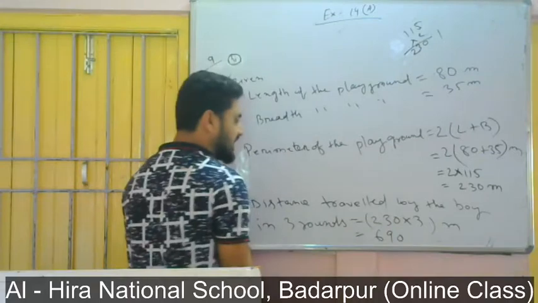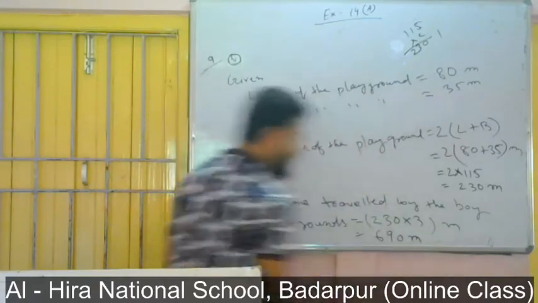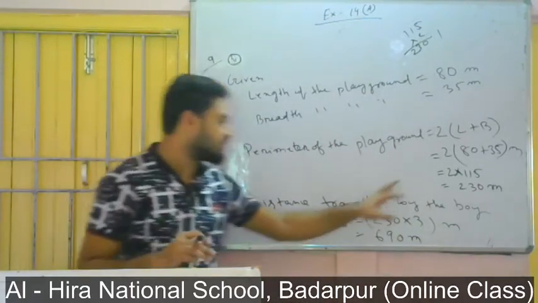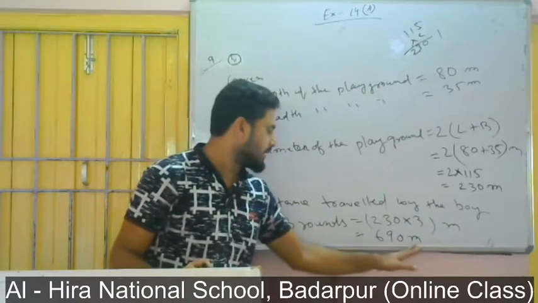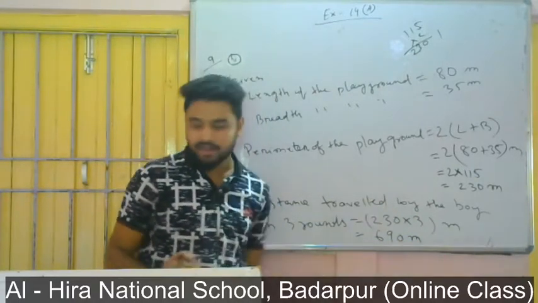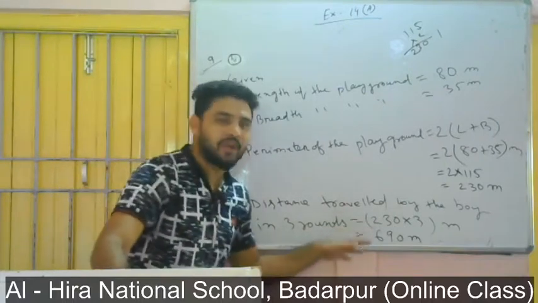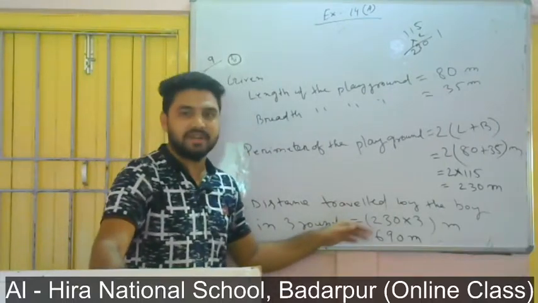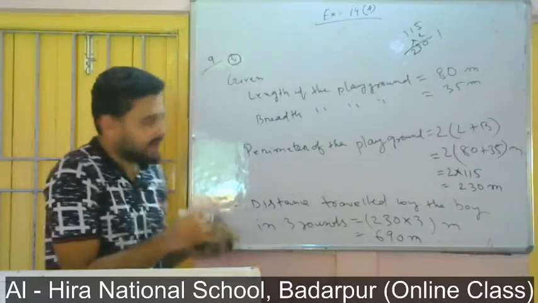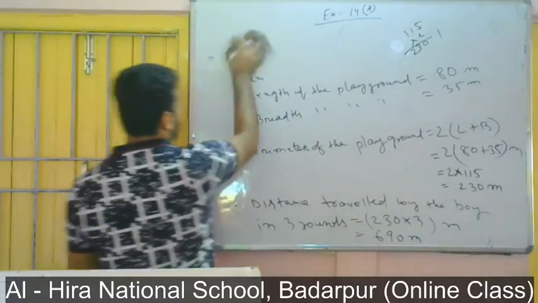That means 690 meter. If you round 3 times, then 690 meter in total you will walk. Now, if we go 1.5 meter per second, then how much time will be needed?